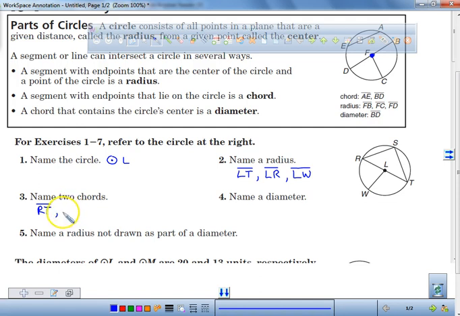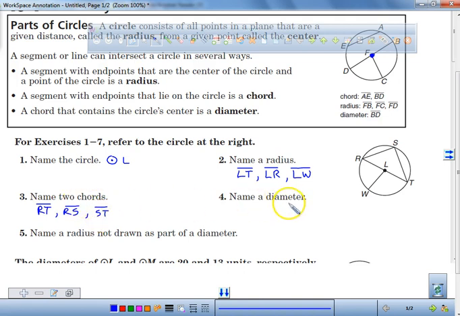RS is totally a chord. By the way, I know we've already named 2, but we like to be extraordinary, not just ordinary. S to T is correct. There are technically 3 chords.